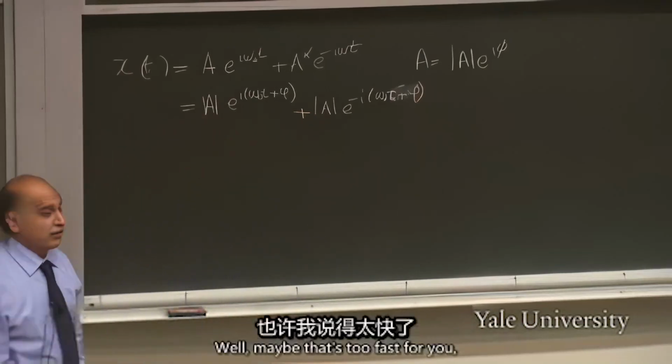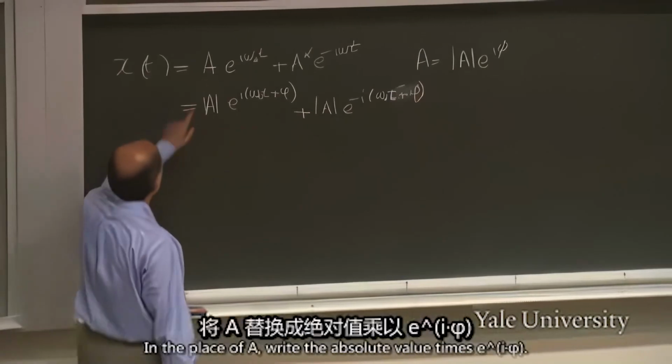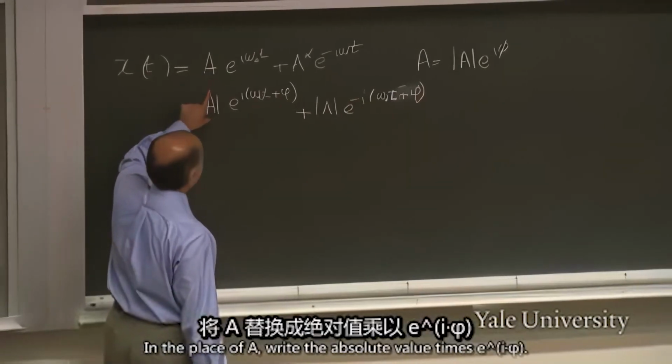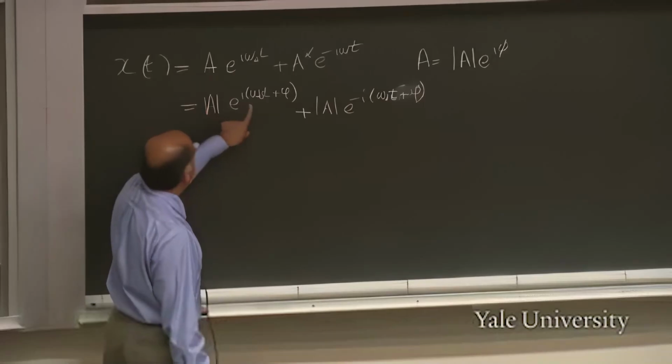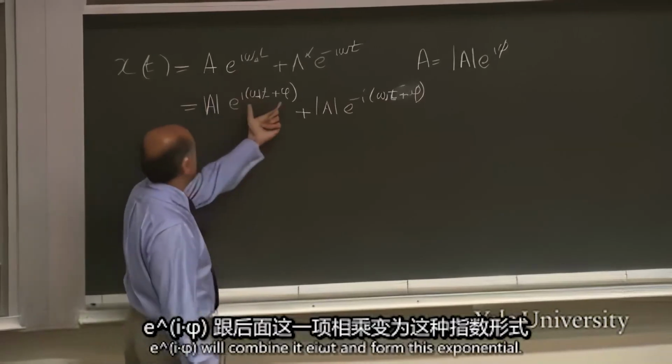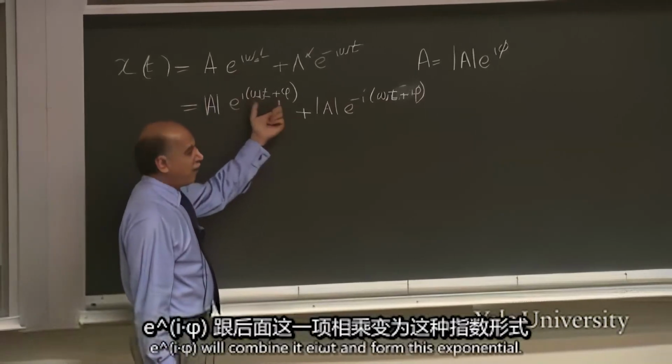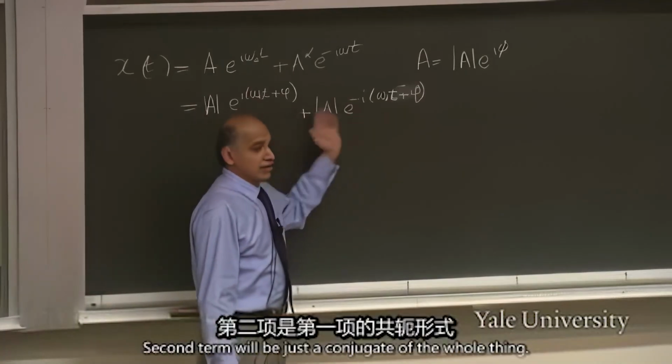Well, maybe that's too fast for you, so let me repeat what I did. In the place of A, write the absolute value times e to the i phi. E to the i phi will combine with e to the i omega 0 t and form this exponential. The second term will be just the conjugate of the whole thing. You don't even have to think.